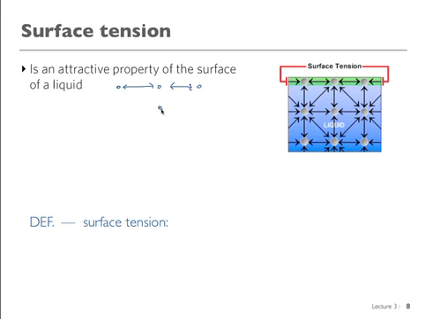But the molecules inside the bulk of the fluid are pulled in every direction equally, while the molecules at the surface are basically only pulled from the bulk, from the inside.